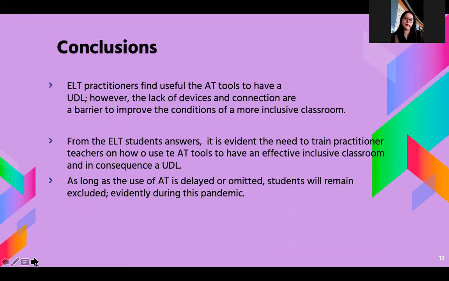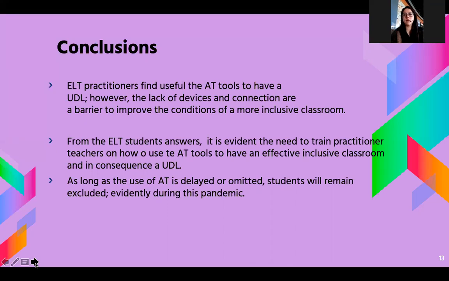Finally, the conclusions of this study were that ELT practitioners did find useful assistive technology tools to have a universal design for learning. However, as it was mentioned in previous slides, the lack of devices and connection is a barrier to improving the conditions of making classrooms more inclusive.